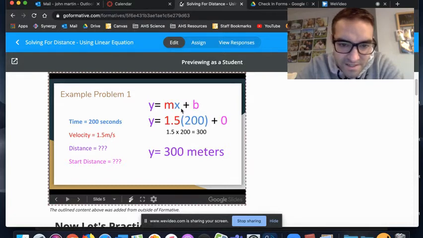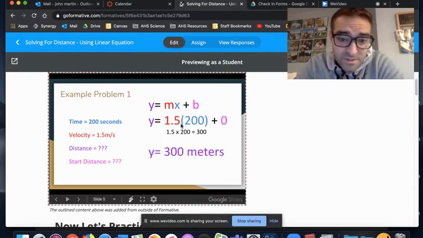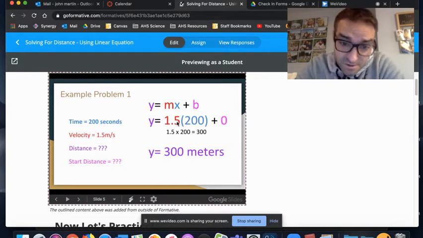And when I write the numbers, I will add the parentheses to show that there's two separate numbers. And again, with no symbol in between the parentheses and the other number, you will then multiply that. Okay, so 1.5 times 200 equals 300 plus 0. So our y equals 300 meters.